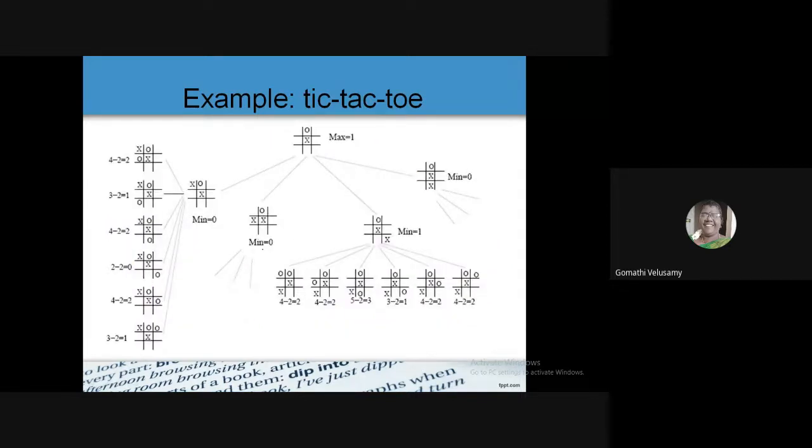And one similar example is given here, where you can see terminals are not given, but the values alone are given. Minimum is 0, minimum is 1, minimum is 0. Minimum is 0 means both are having the same possibility to win, right? So among them, it is going to choose the maximum. So the maximum is chosen to be 1 here, as every one of them is having a 0.